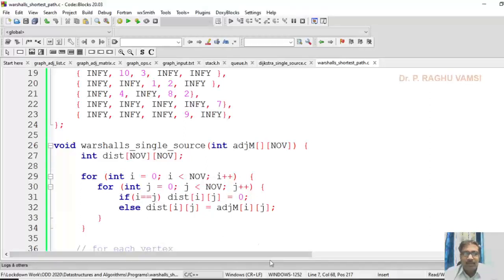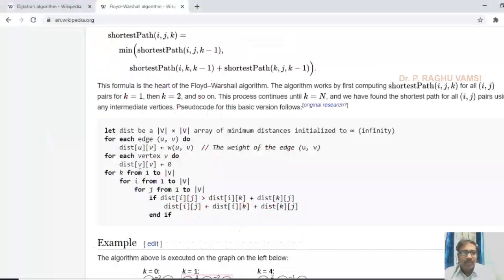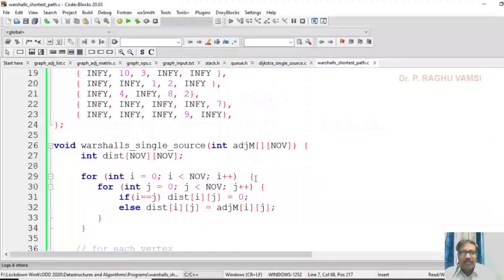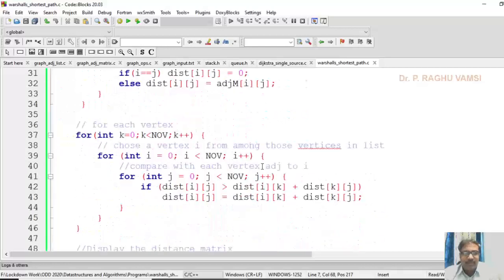If i is equal to j, you place distance of ij equal to 0. According to the wiki algorithm, if the same vertex is repeated in the for loop, then initialize it with 0, otherwise initialize it with the corresponding weight. The same thing I am implementing here. Else distance of ij is equal to the adjacency matrix, its corresponding ij value that I have entered.